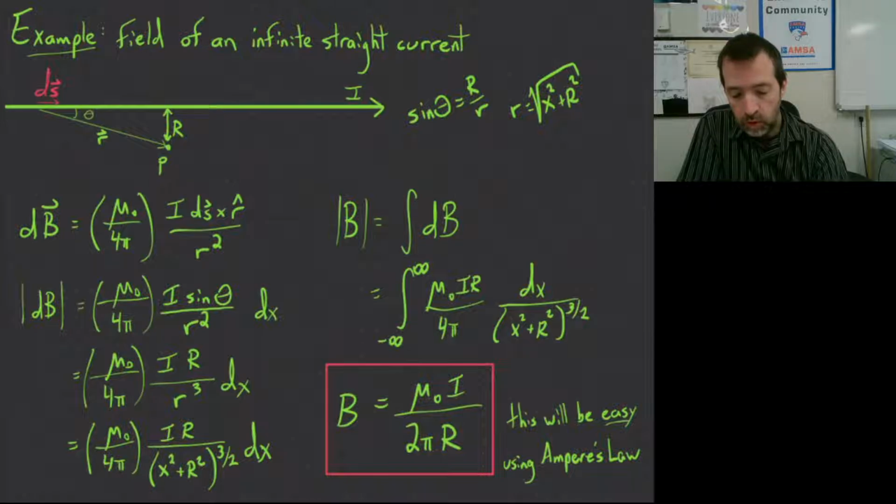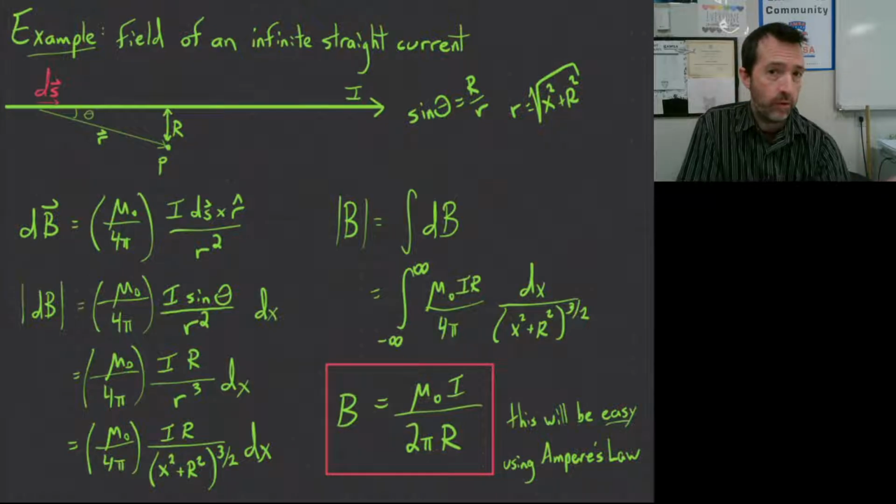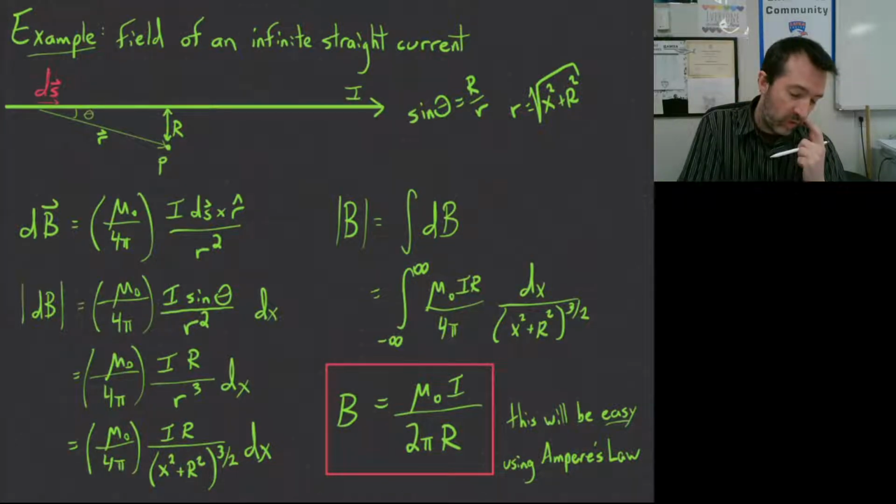Plus, if you need the result, you can get it from Ampere's law in like 2 seconds, just like you can get a bunch of electric field results from Gauss's law in just a few seconds. So there's really no reason to do this other than to demonstrate that you know how to set it up, which they have asked. I have seen that asked, but it's not common.